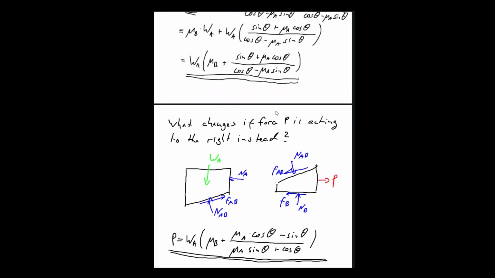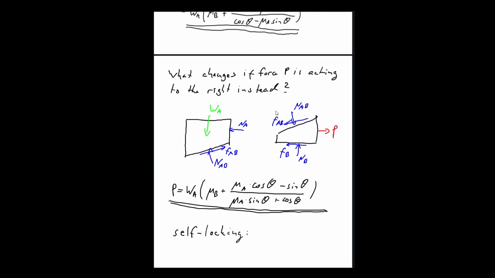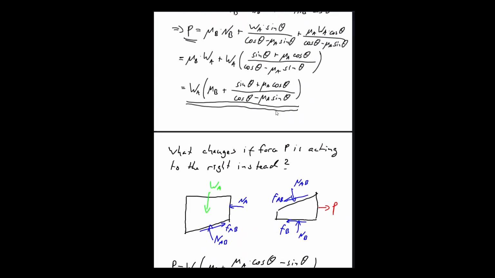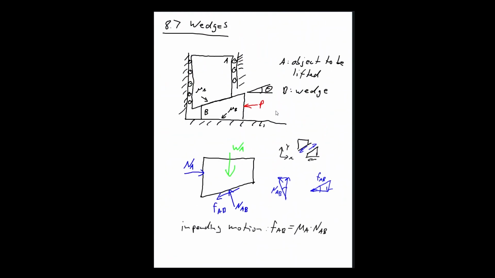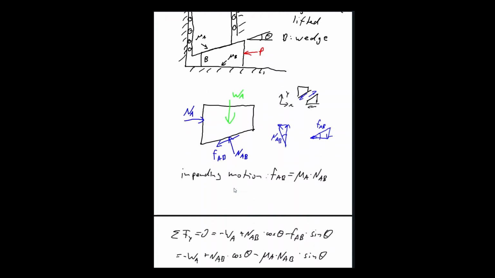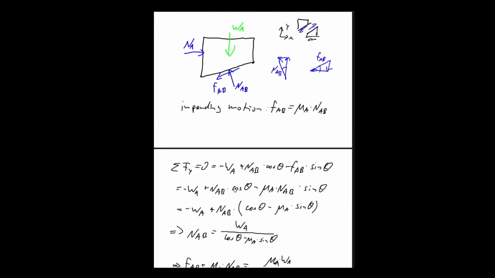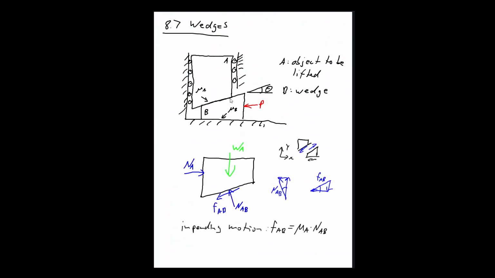We're going to talk in more detail about self-locking once we get to the next section, which is going to be screws. But just to summarize, we talked about wedges, where the idea is that we can use a much smaller wedge to lift a heavy object upward. We can use it to split wood and all that kind of stuff. And to figure out how we do it, we basically take the two blocks and do free body diagrams of them, and then just go through and figure out what the force P would have to be to lift up this block.